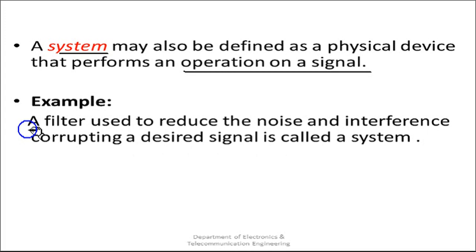So the filter acts as a system here. Similarly, a device used to calculate the values or the nature of these ECG signals is itself called a system. This is equally applicable for any embedded systems also. An embedded system is a system designed for doing a specific application with respect to specific controls. So that is what a system means.